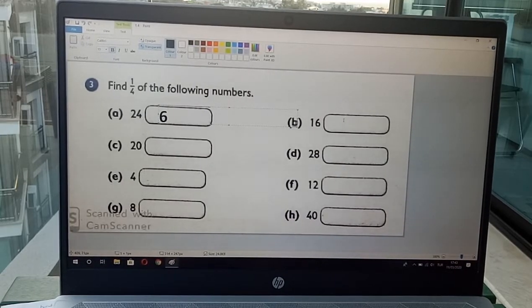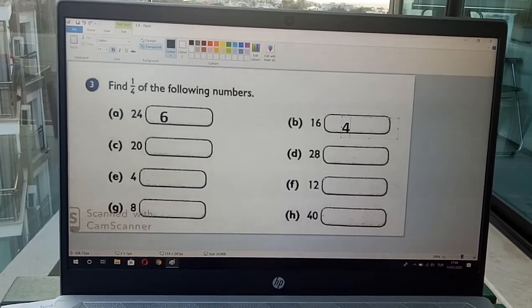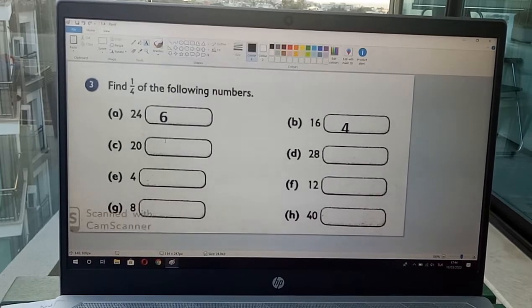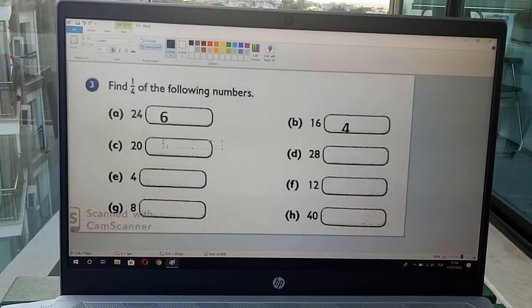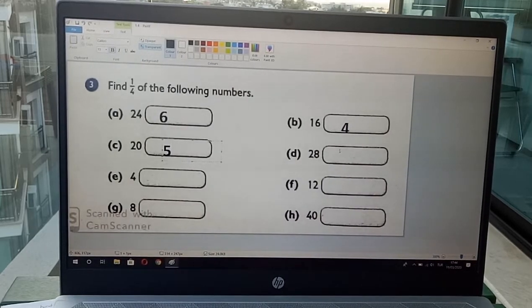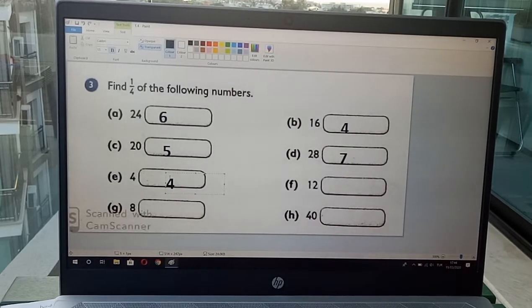For letter B, 1/4 of 16 is 4. For letter C, 1/4 of 20 is 5. Letter D, 1/4 of 28 is 7. Letter E, 1/4 of 4 is of course 1.